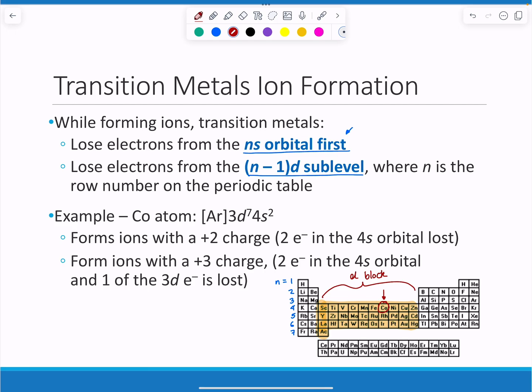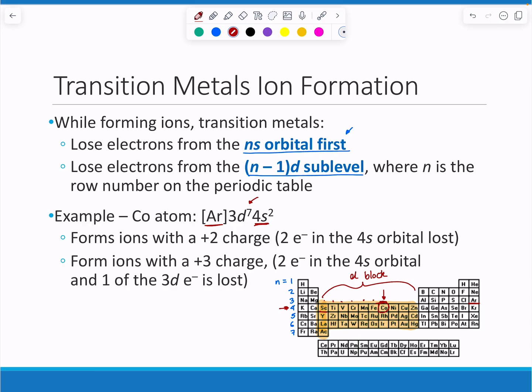If we look at cobalt, the nearest noble gas is argon, and then we are in the 4th row. So it'll have the 4s2, both of those are going to be filled, and then we count over how many it's in the d block. So we're 1, 2, 3, 4, 5, 6, 7. It's 7 spots over in the d block, so there's going to be 7 d electrons.